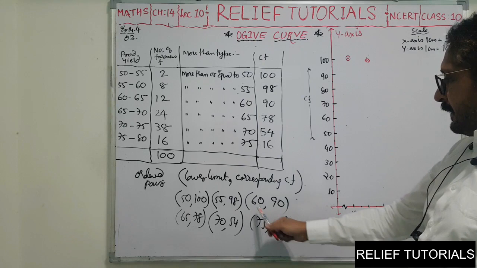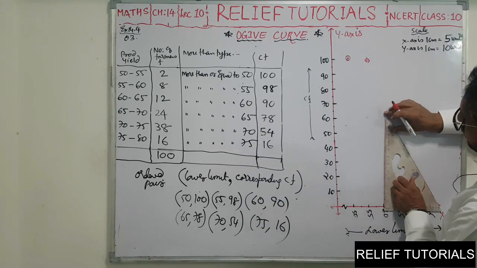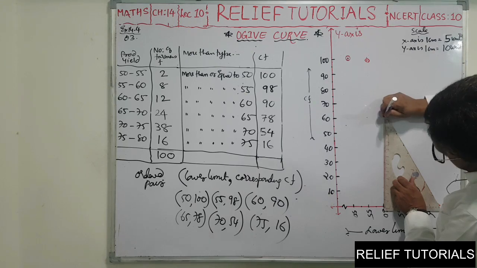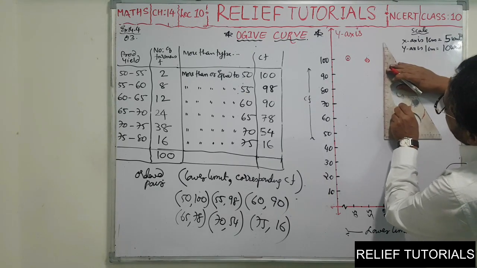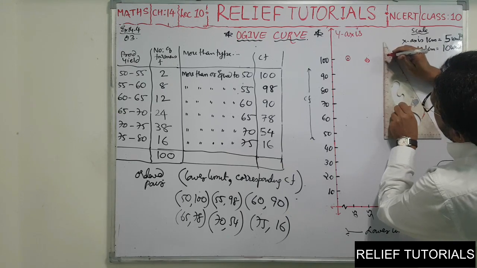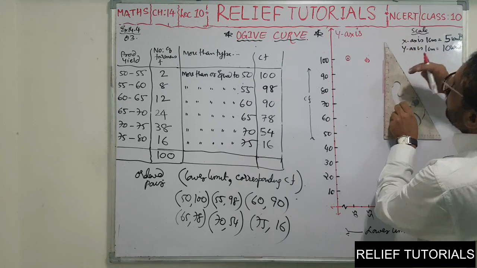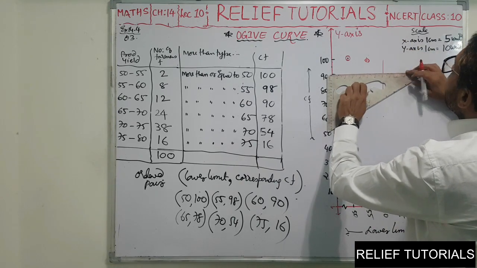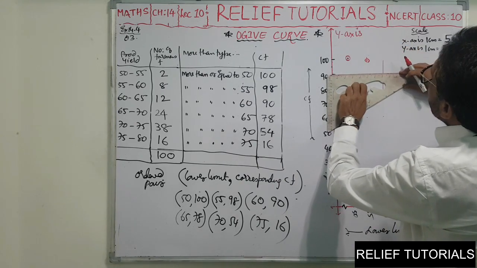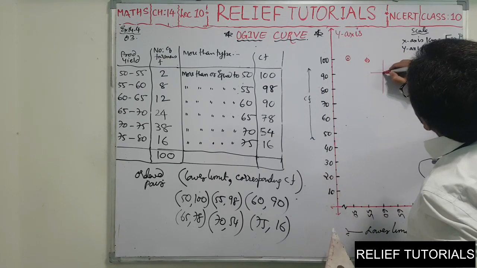Now 60, 90. So this is 60. See, x is 60. We are drawing a perpendicular line, and 90 is here. So if we draw a line, this will be our point.